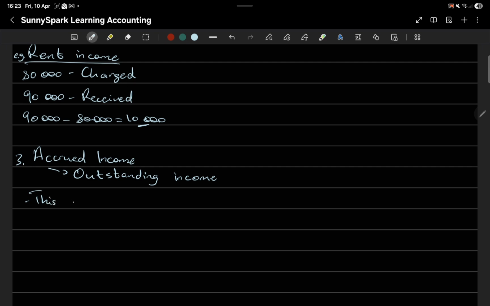Accrued income is when you received a lesser amount of money, because we're talking about money, than you should have received.